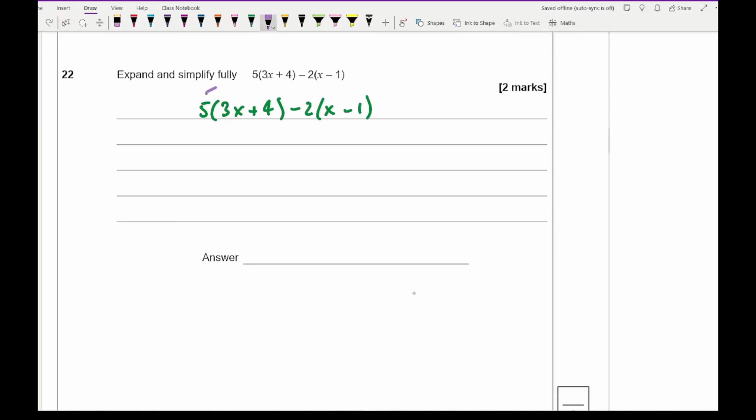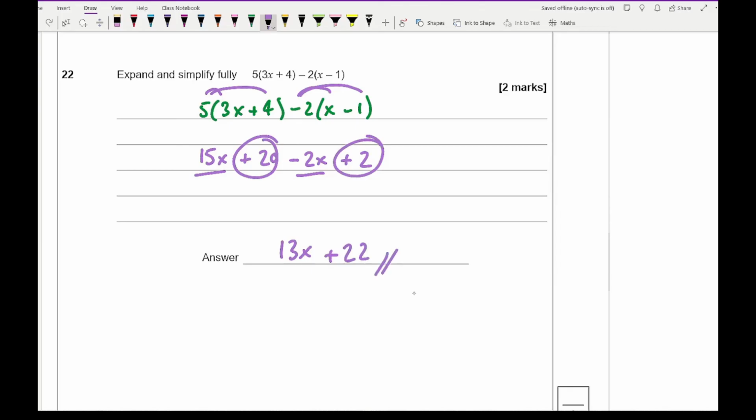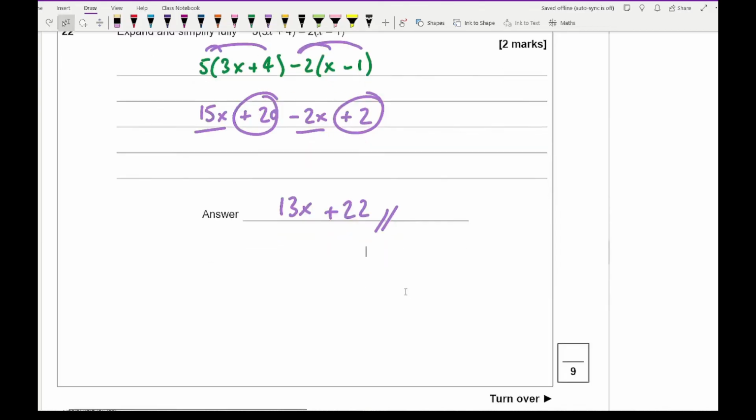So here 5 times 3x is 15x plus 5 times 4, which is 20, minus 2 times x is minus 2x, and minus 2 times minus 1 is positive 2. So then simplifying the x's, I've got 15x take away 2x, which is 13x, and then 20 plus 2 is 22. So the answer then is 13x plus 22.